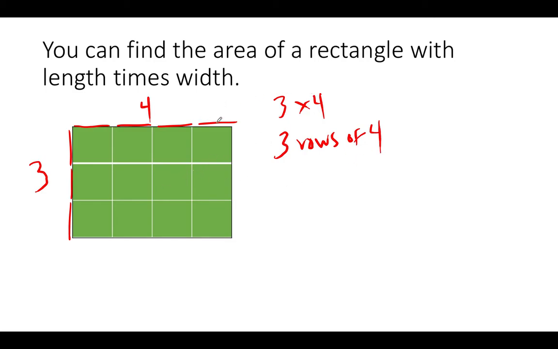But the reason this is so important is because when we're writing, we're not going to just say area is length times width. If we do that, we're kind of spouting back a formula that we could have memorized without really understanding. We're going to want to do more of this, right? We could say, I multiply length times width, which is 3 times 4, because my shape has 3 rows of 4 squares.